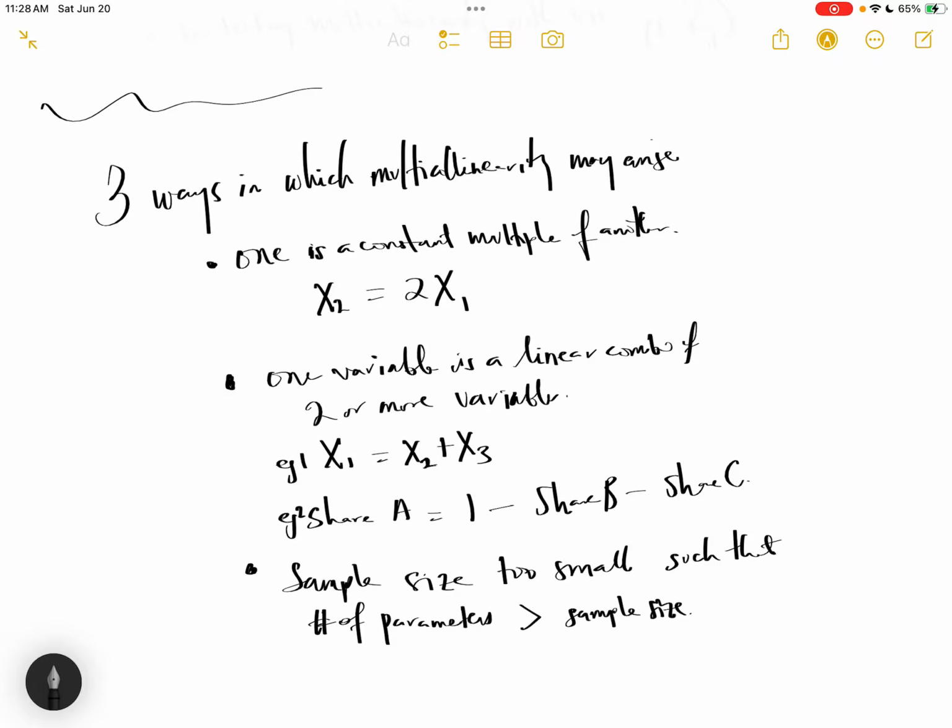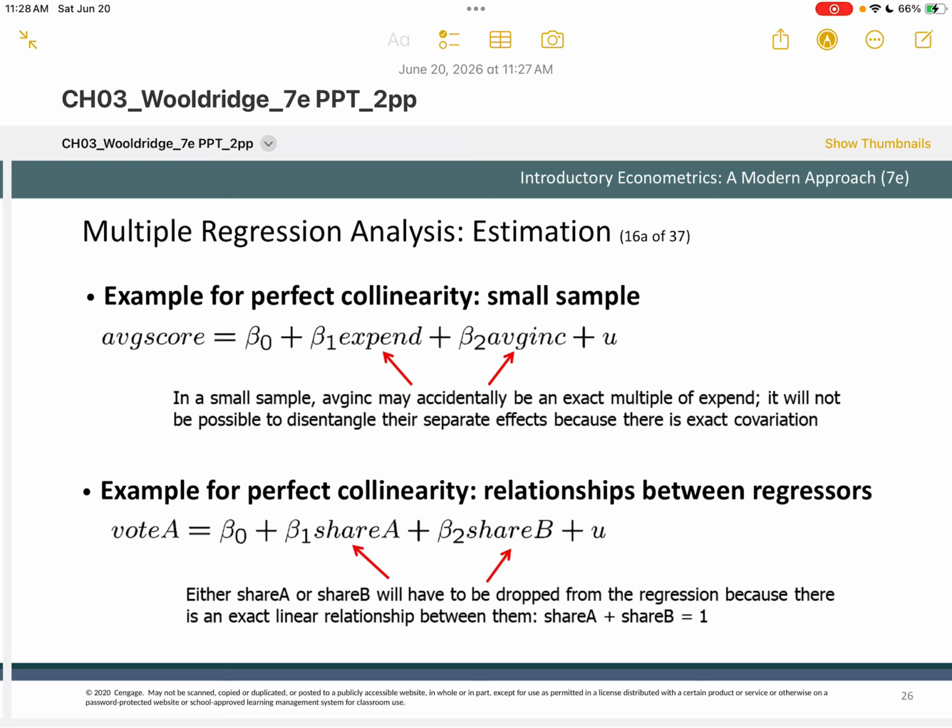In a small sample size, for example, the explanatory variable on beta 1 is school expenditure, the variable on beta 2 is average income, and the response is average test scores.